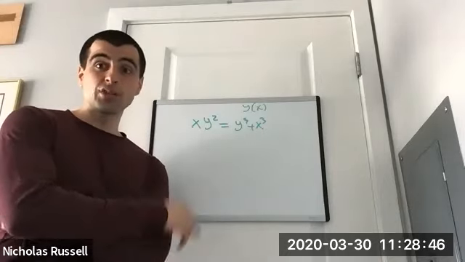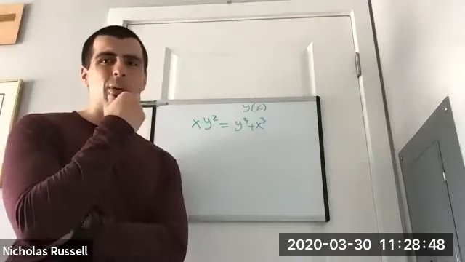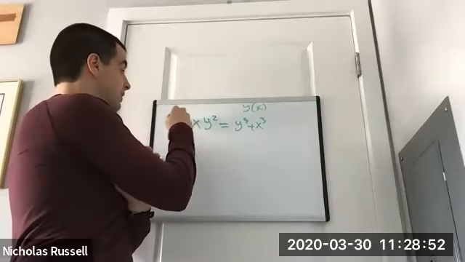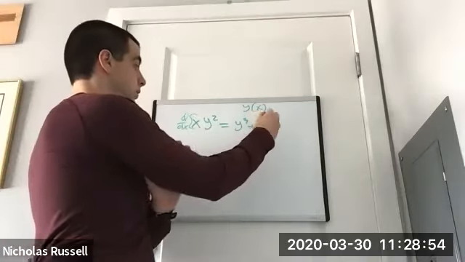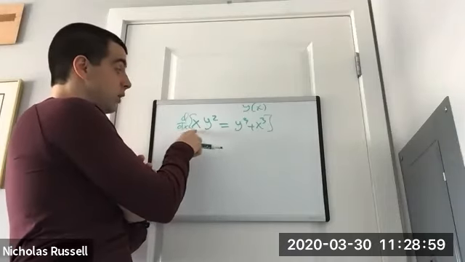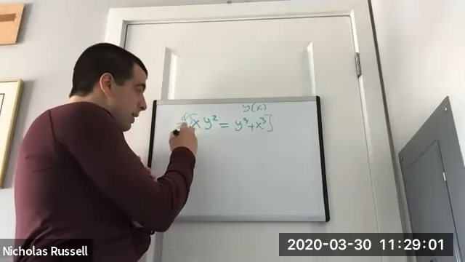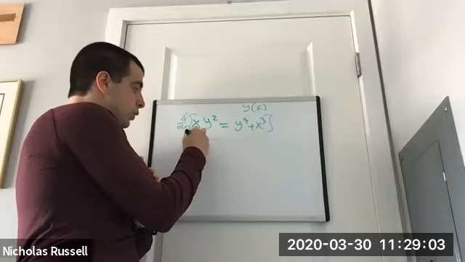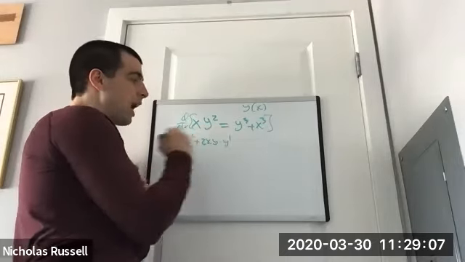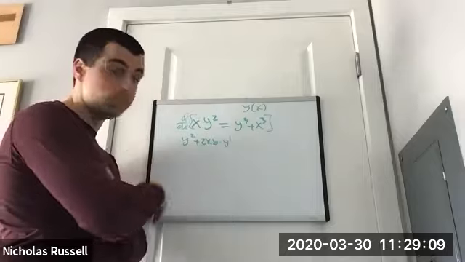So I could solve it implicitly. I take the derivative of both sides with respect to x. Here I would use the product rule, but I have to remember that when I take the derivative of xy, I get a y prime out of it by using the chain rule.